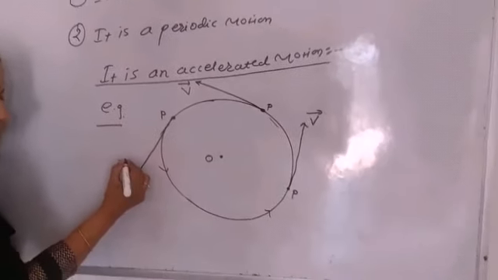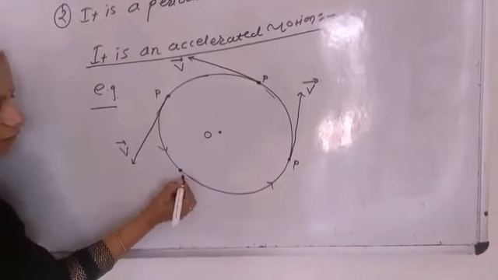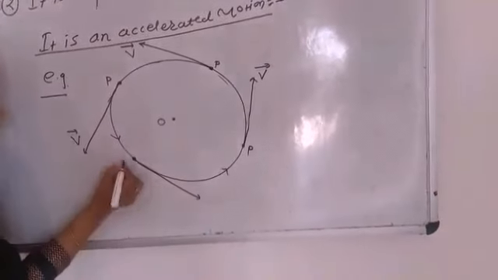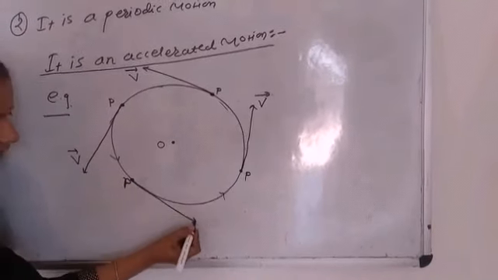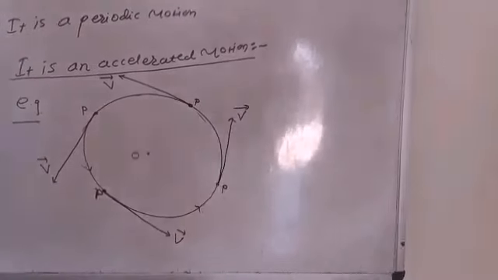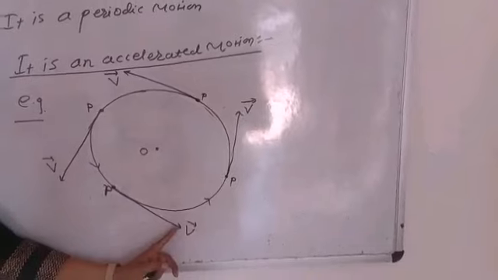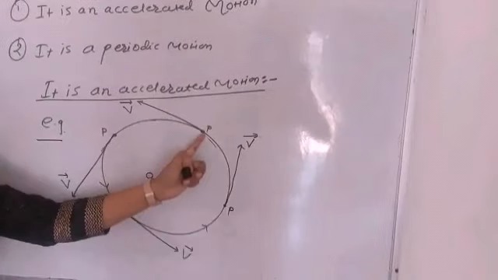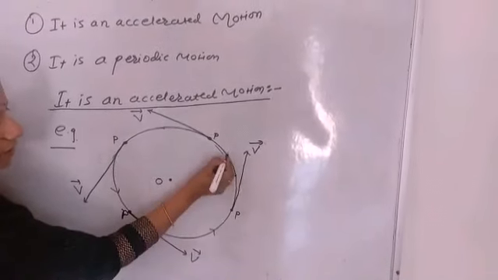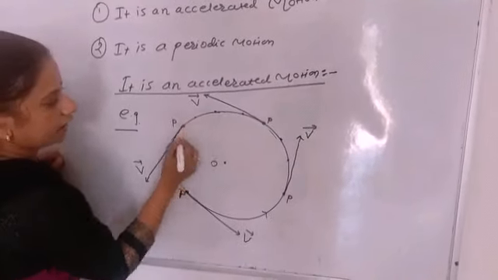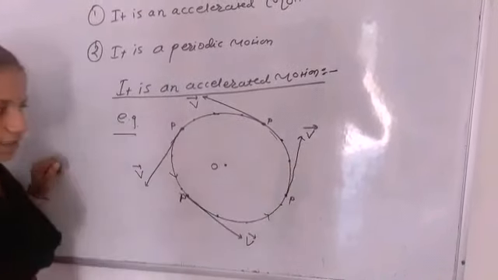That means the direction of velocity also changes. Also, this particle is moving here. The direction of the particle is like that, and the direction of velocity also changes. That means that as the particle is moving along the circumference of a circle, at any point it changes its direction at every instant.